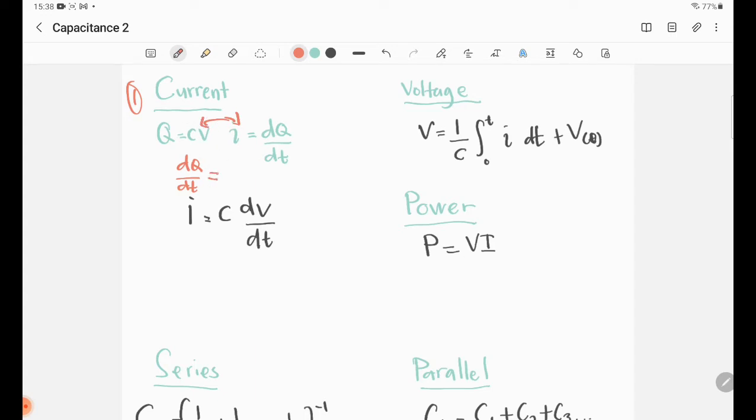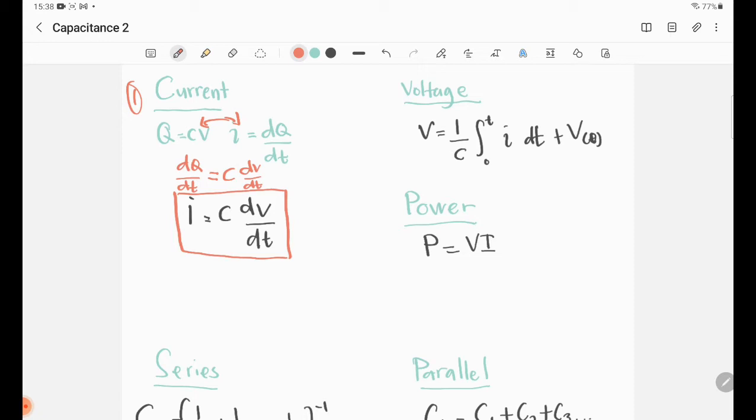C is a fixed value, so it will remain as C, and V changes with time, so it will be dV over dt. So I equals C multiplied by dV over dt.